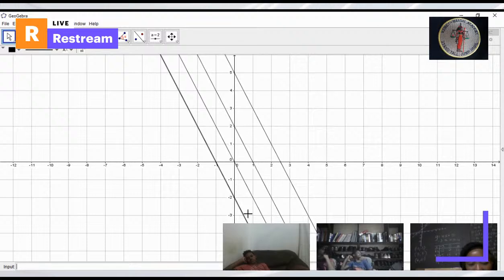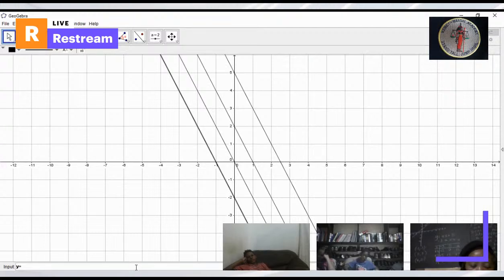Same inclination, same gradient, they all have the same gradient. And lines with the same gradient will have the same number in front of the x, if the equation is written in the format y equals mx plus c.